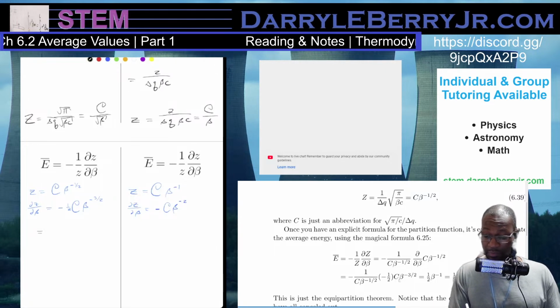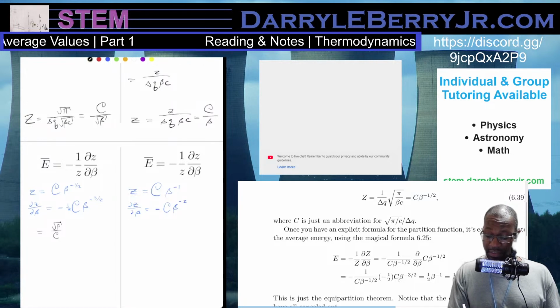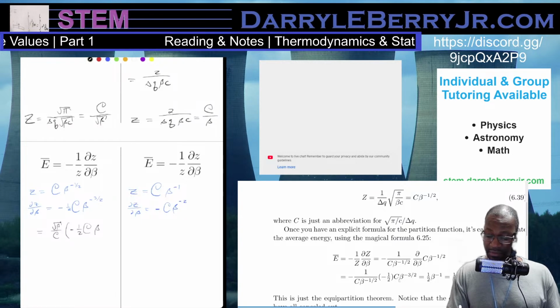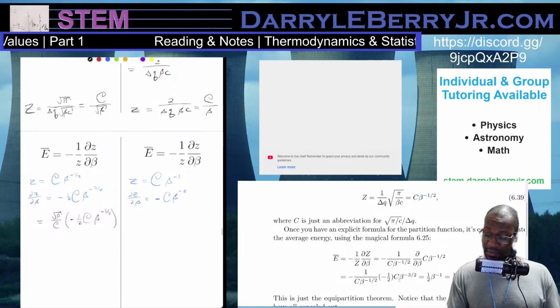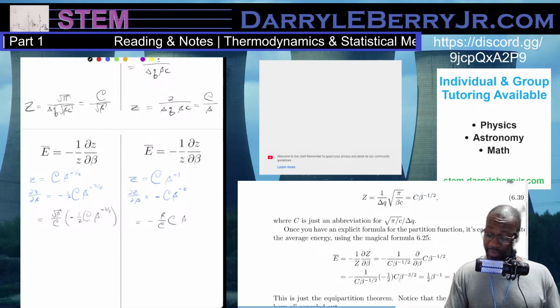So E equals 1 over Z, which is square root of B over C, then times negative 1/2 C B, so negative 3/2, and this will equal negative B over C, C, B to the squared.